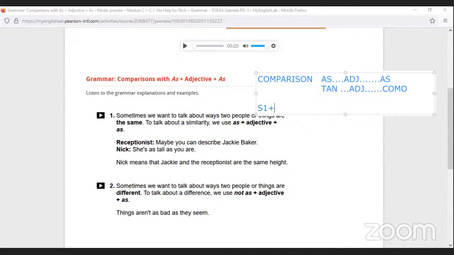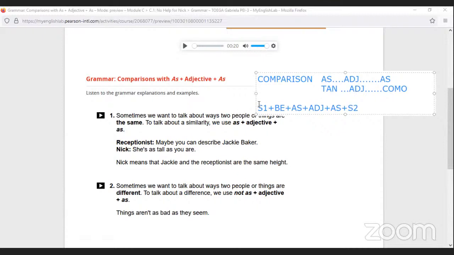First, the first person, thing or animal, and then the verb to be, depending on the subject. After the verb to be, we put the first as, then the adjective, plus the second as and my second subject.